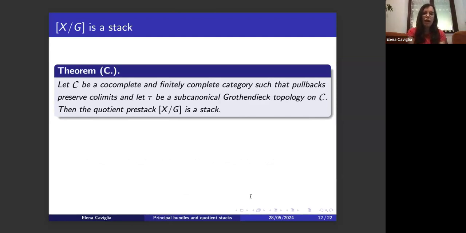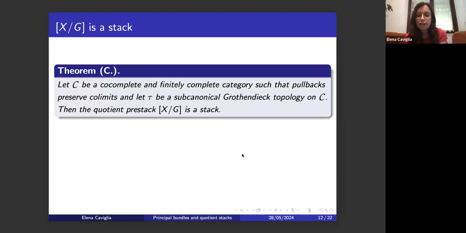So now, as I said, I wanted to see whether these quotient prestacks in this categorical context satisfy some gluing conditions. And it turns out that if the category C is nice enough and the topology is subcanonical, then they are stacks indeed. And the proof of this fact is not as easy as the classical case, because in the classical case, the topology is very well behaved and very easy to handle, while here in this general context, it is not.